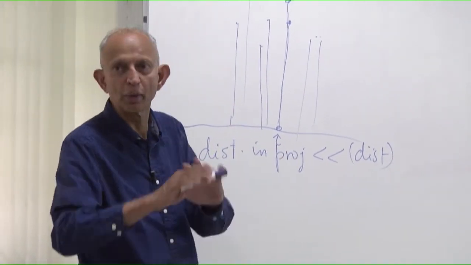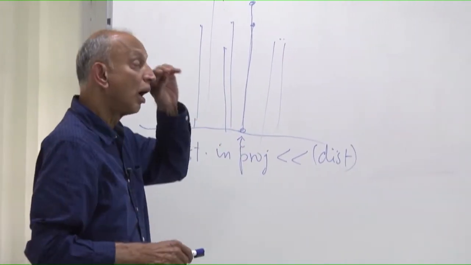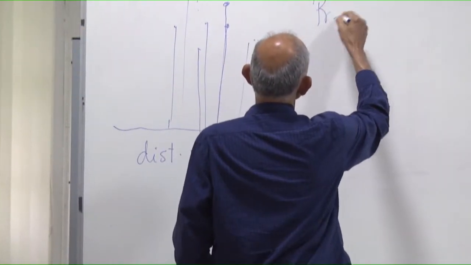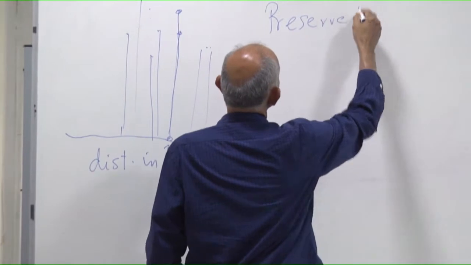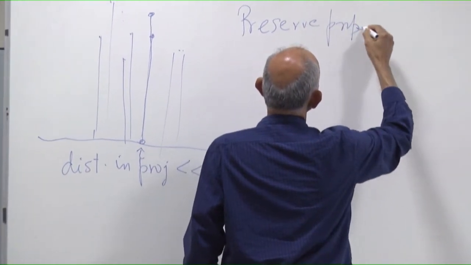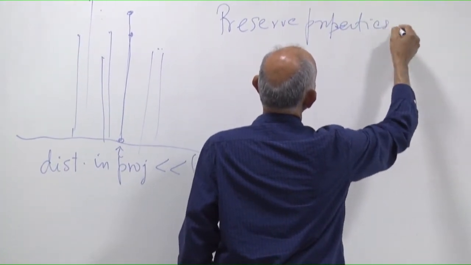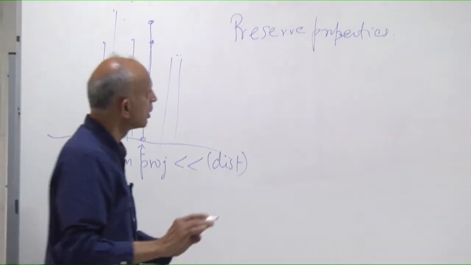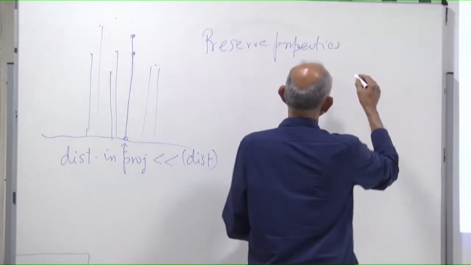In this case, they won't care about data, it's just random. But we don't want to lose all properties. So preserve some properties. And the properties depend on the problem, but for a first cut, distances.